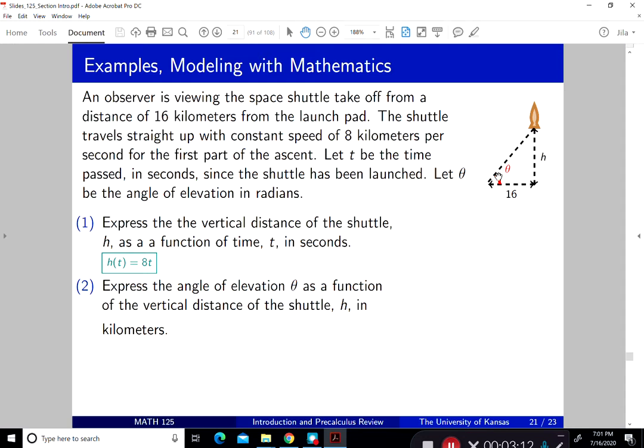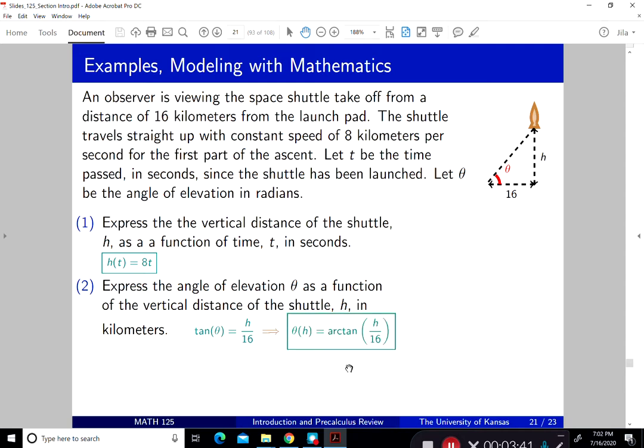And so that would be tangent of theta is equal to h over 16. But this question is asking to find theta as a function of the vertical distance. I related theta and h and no other variable in here, and that's the first part that I wanted to do. Now I want to solve for theta, so theta would be a function of h.